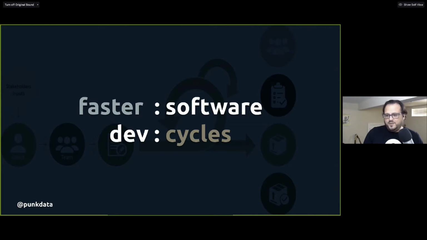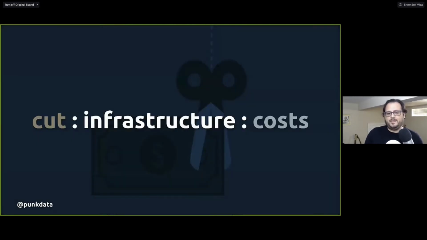That means the processes, practices and principles are changing on the back end, and they need tooling to help facilitate them. Kubernetes is one of those tools that can help facilitate the software development lifecycle the way we're doing it today. So if you want to build software faster and facilitate the practices and principles in your development cycles, definitely look into a tool like Kubernetes.